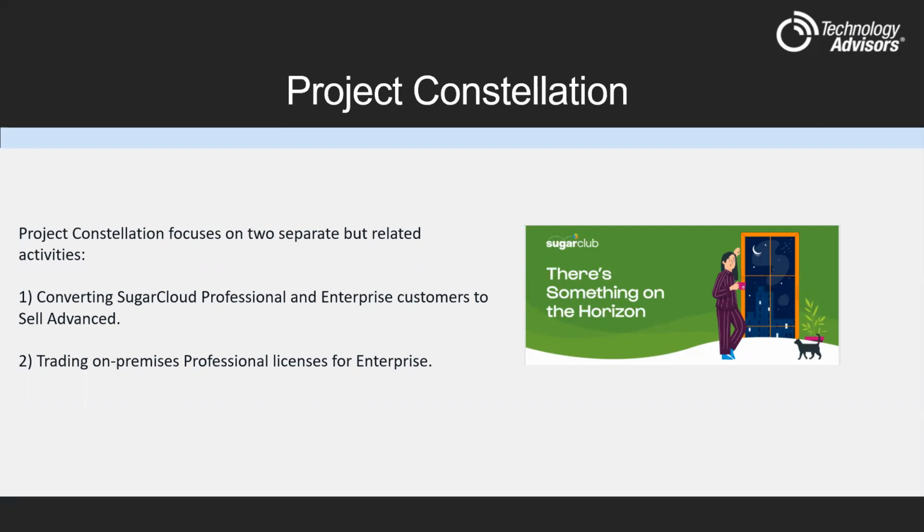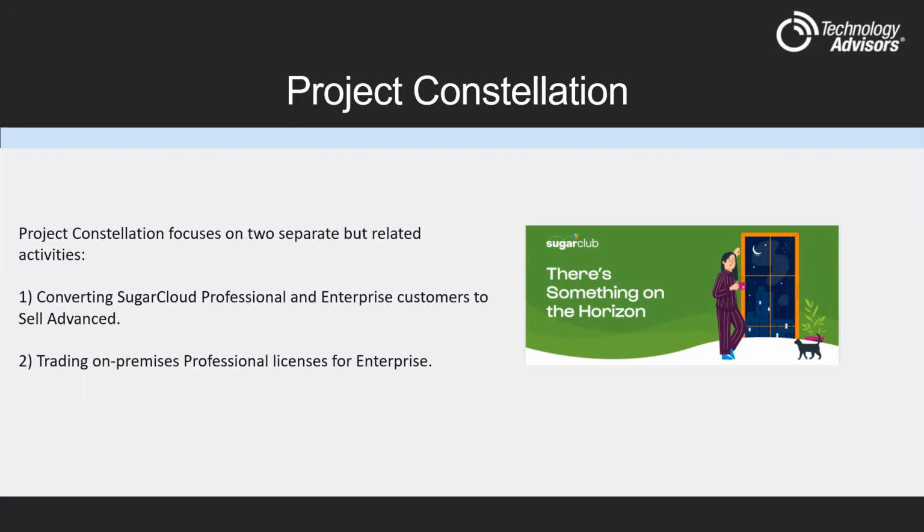Sugar started running this conversion program because they received some negative survey responses. The marketing team reached out to existing Professional and Enterprise customers and found that they felt they weren't getting the most out of Sugar. Over the last couple of years, all of the new features and functionality were being pushed into the new cloud suite of Sell and Serve.